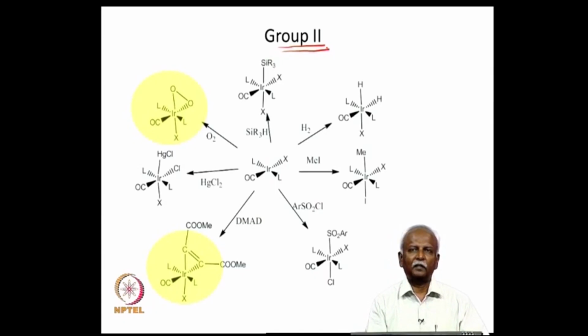One is that there is a multiple bond between the 2 atoms which are adding across the metal, and the second is that they are not highly polarized. Either dimethyl acetylene dicarboxylate or oxygen are not highly polarized as plus and minus species. At the end of the reaction, you have the bond retained, and so you have a cis addition.